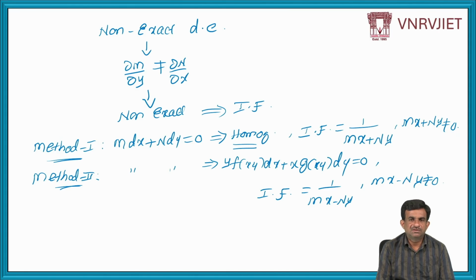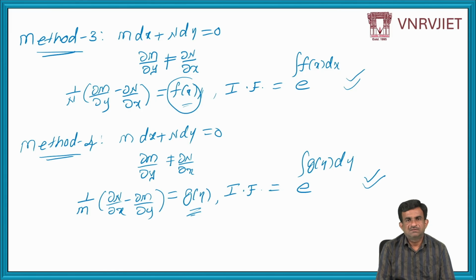If it is not homogeneous, and not in the standard form, and it is a non-exact differential equation, then we go to method 3 and method 4. In method 3, we check whether the expression 1 by n into (dou m by dou y minus dou n by dou x) is a function of x. Then we take the integrating factor as e power integration of f of x dx. In method 4, we check whether 1 by m into this difference is a function of y.